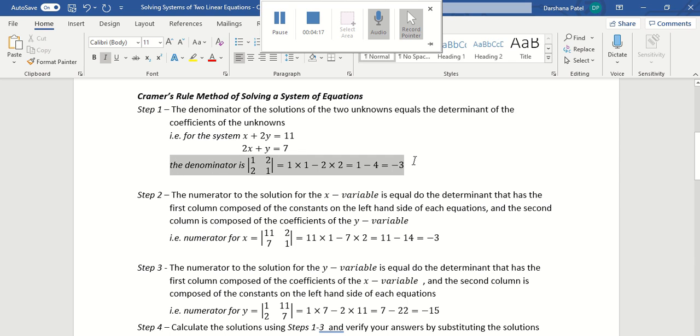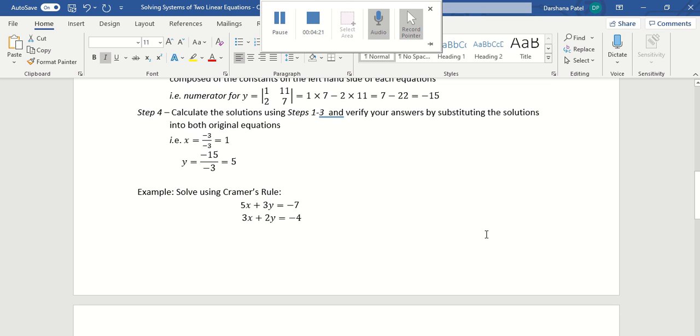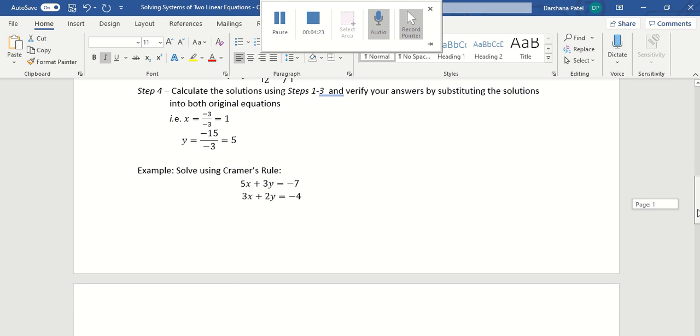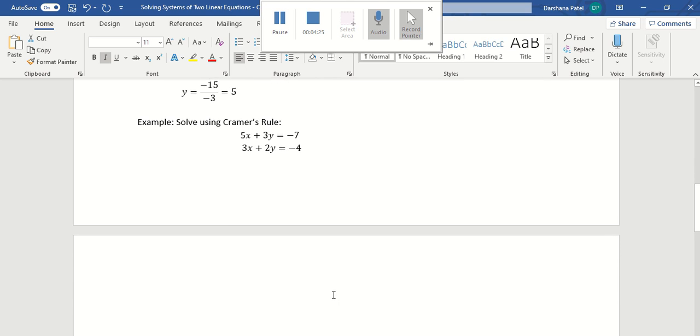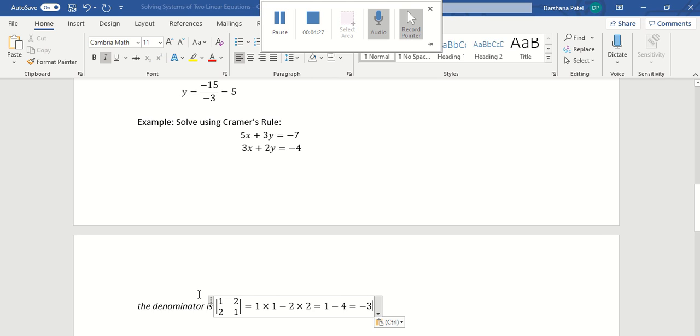For another example, again we first need to find the value of the denominator. The numbers here will be 5, 3, 3, 2. So 5, 3 is the first row, and the second row is 3, 2.